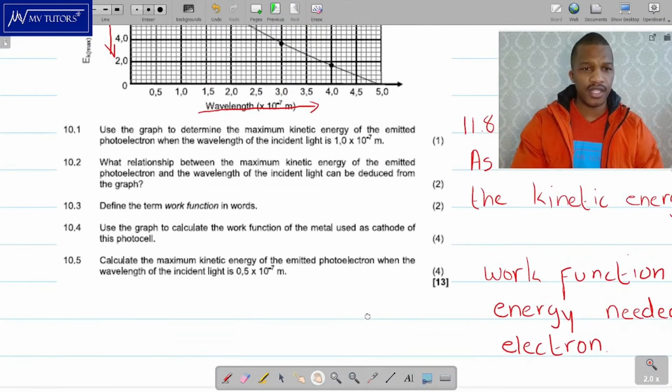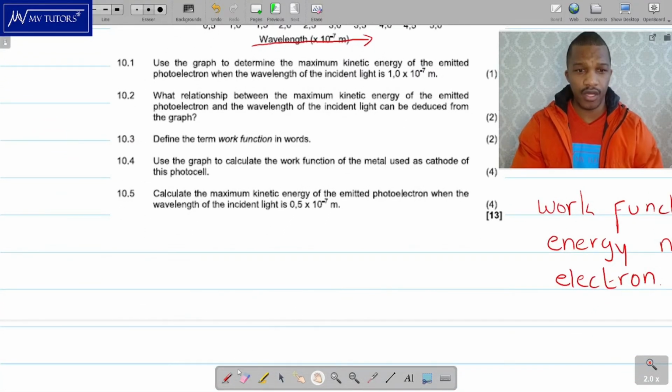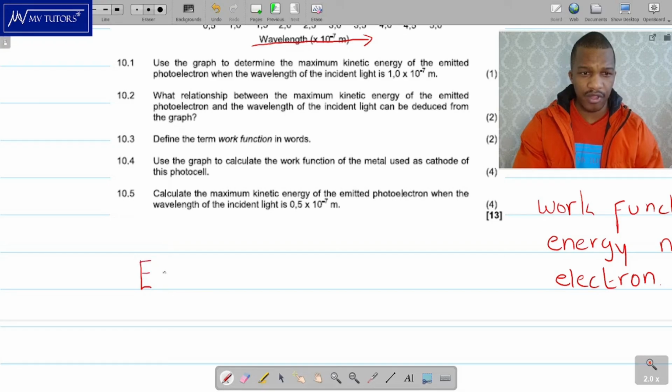Okay. Then it says use the graph to calculate the work function of the metal used as cathode of this photocell. First of all, these questions are just about getting the right formula. The formula that we need, if you check your formula sheet, is energy equals the work function plus the maximum kinetic energy.